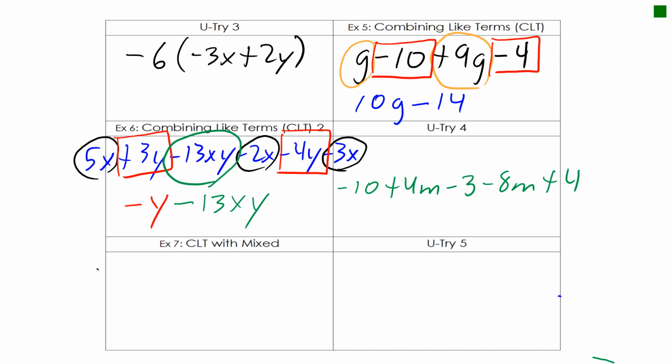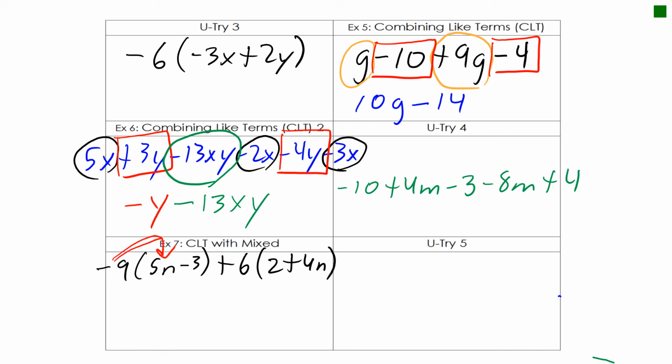Now let's put it all together. I've got -9 times (5n minus 3) plus 6 times (2 plus 4n). When I see parentheses, what am I thinking? I'm thinking, how do I get rid of them? By distributing.